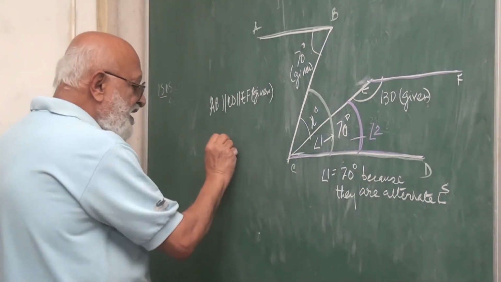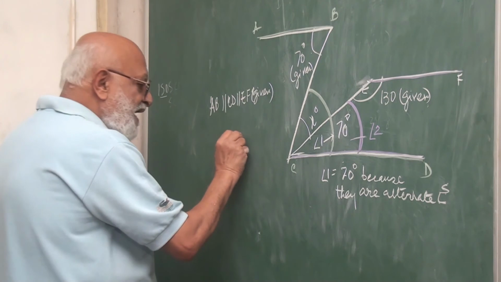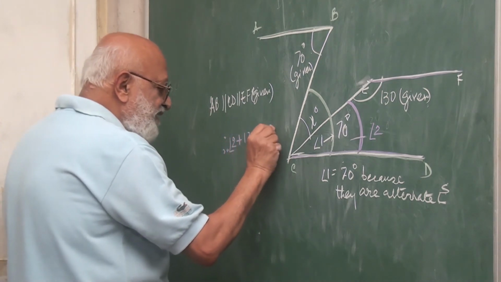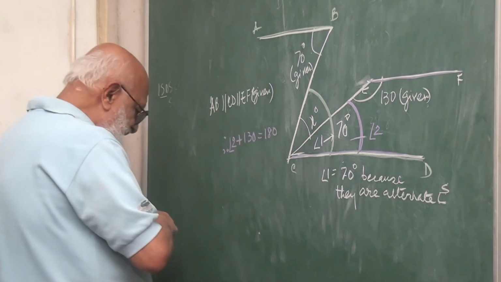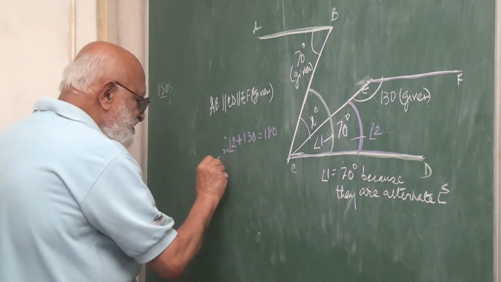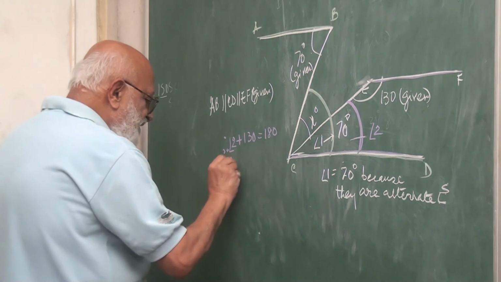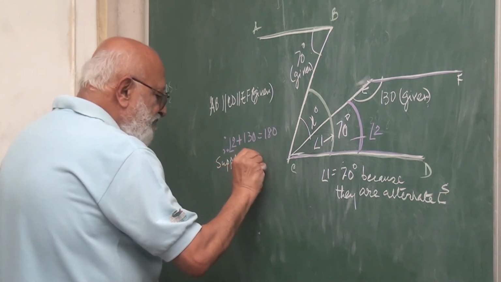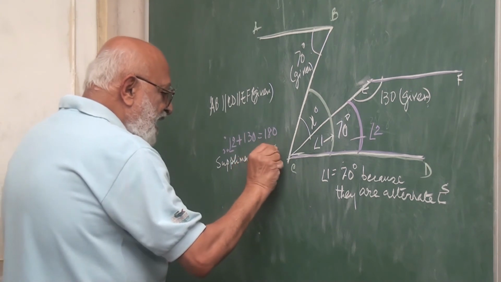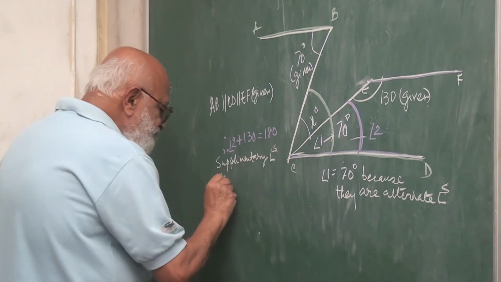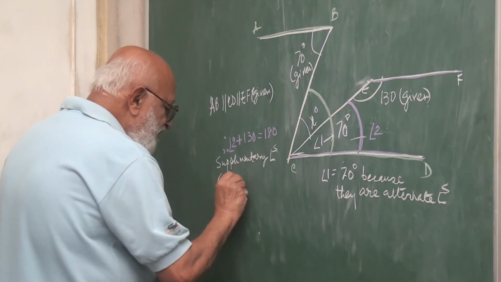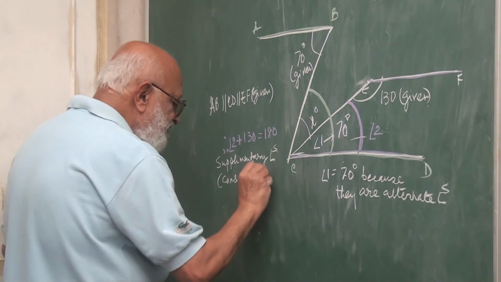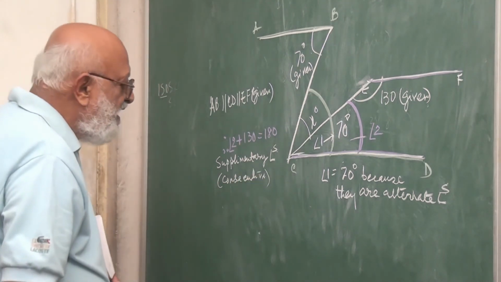Therefore, angle 2 plus 130 is equal to 180. Why? Because they are supplementary angles, consecutive.